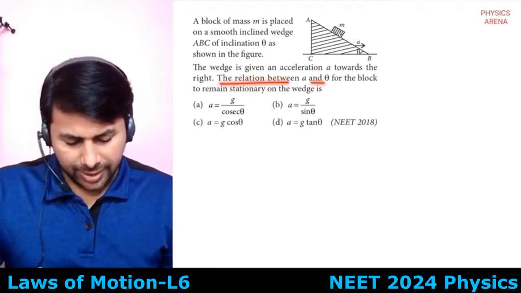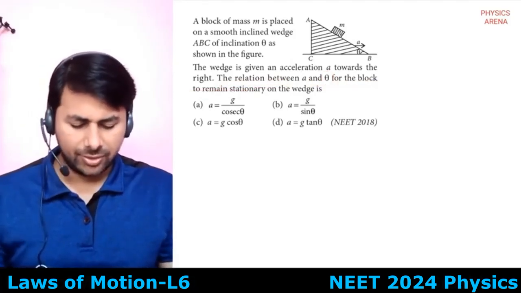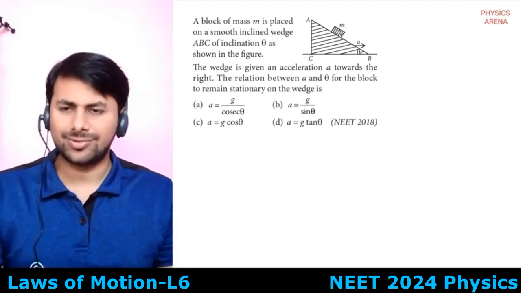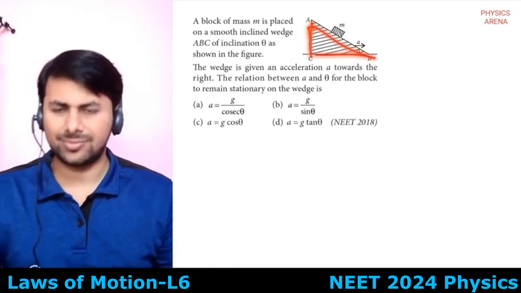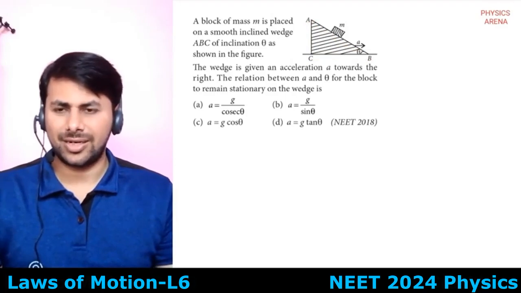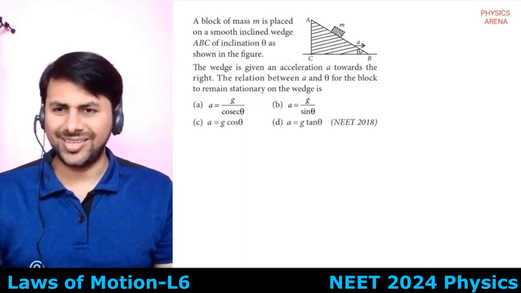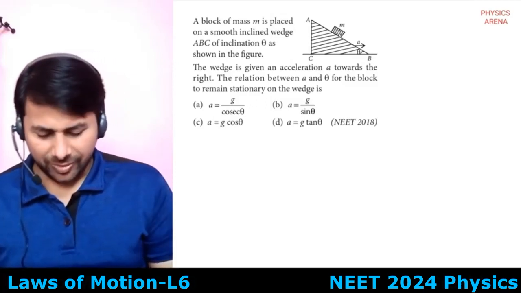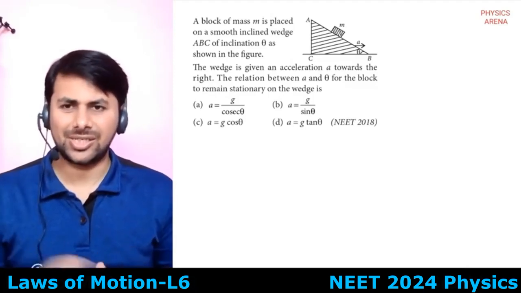Then the relation between a and theta for the block to remain stationary on the wedge is... So this is a smooth surface. What does it mean? There is no friction. Still, they are claiming it will remain stationary.